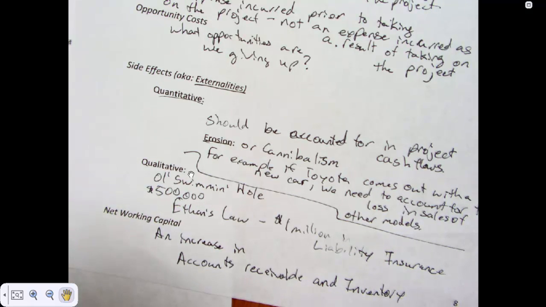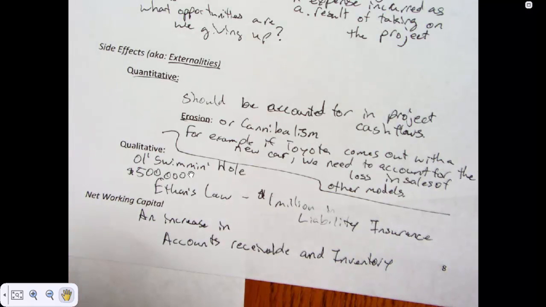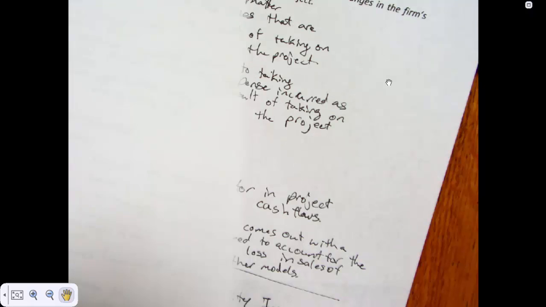So if we're going to have a new project with a new product or new service, it's probably going to result in increased accounts receivable and increased inventory. We're going to have to come up with cash to pay for those things as the project moves on.